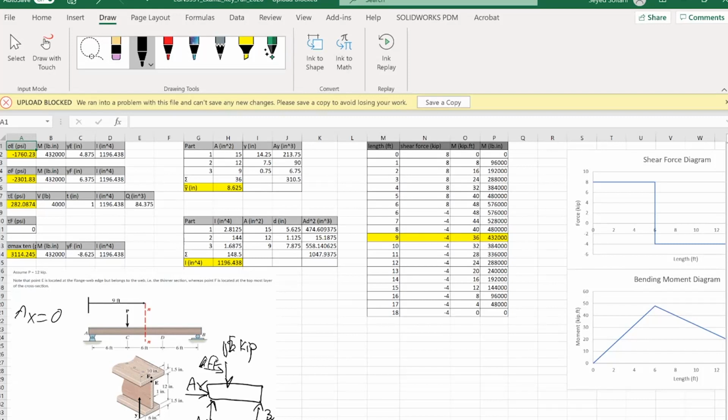How would you obtain the reaction forces at A and B along the Y direction? If you want to write the equation for balance of forces along the Y direction, that's all right, but that's only one equation, right? We have two unknowns, AY and BY, but we only have one equation. We need one more equation here.